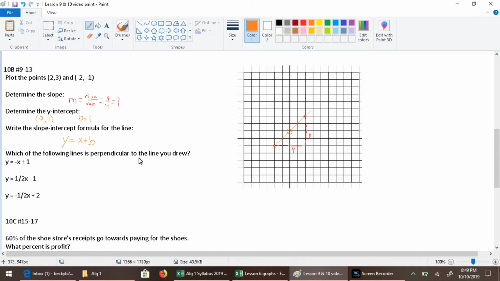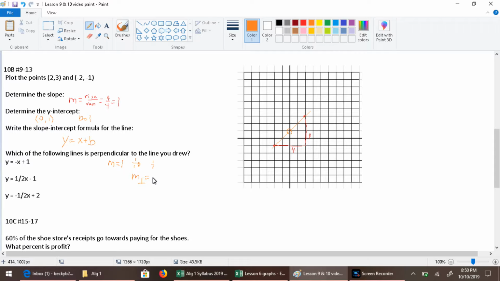Which of the following lines is perpendicular to the line we drew? Okay, so if our m is 1, then the m for a line that's perpendicular is going to be the negative reciprocal. So if we flip the fraction 1 over 1, it's still going to look like 1 over 1.